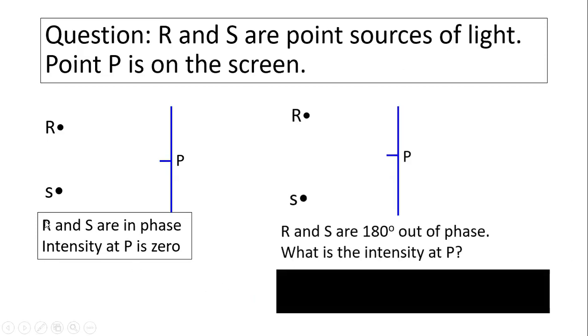Question: R and S are point sources of light. Point P is on the screen. R and S are in phase. Intensity at P is 0. Now R and S are 180 degrees out of phase, or we call it anti-phase. So what is the intensity at P now?